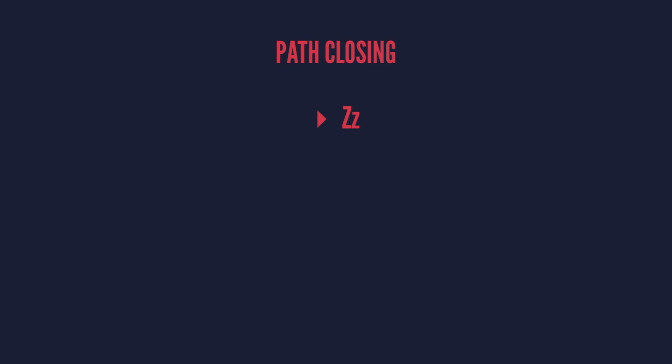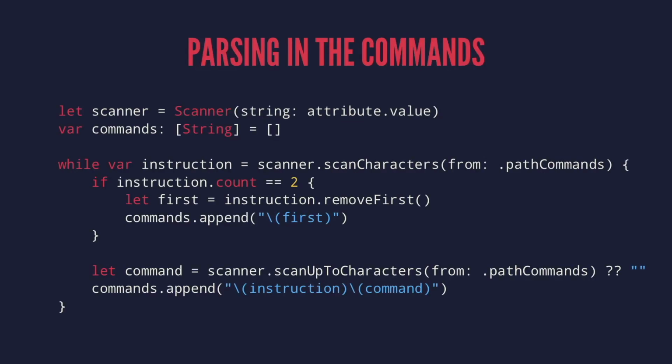So what we have to do is the way in which the path commands are defined and laid out can be very, very complex. So you can have, say, a command of M followed by two values that can be either comma or space separated, and then you could actually have an infinite number of similar pairs after that as well.